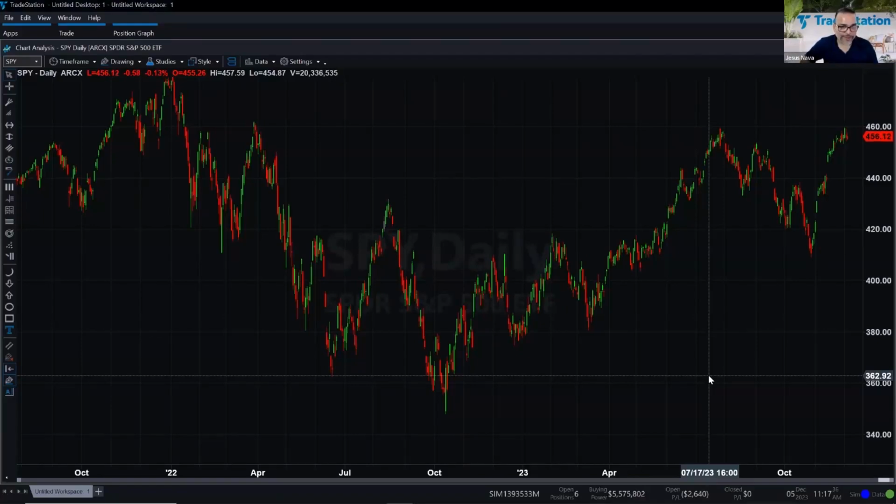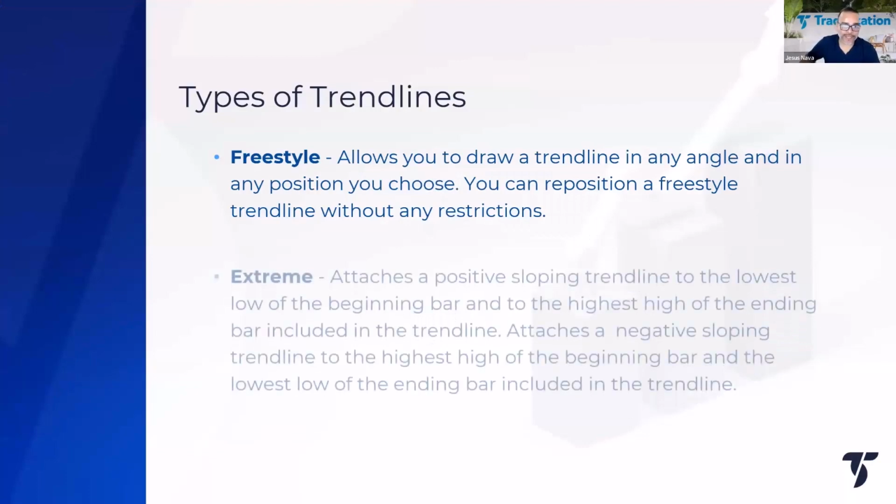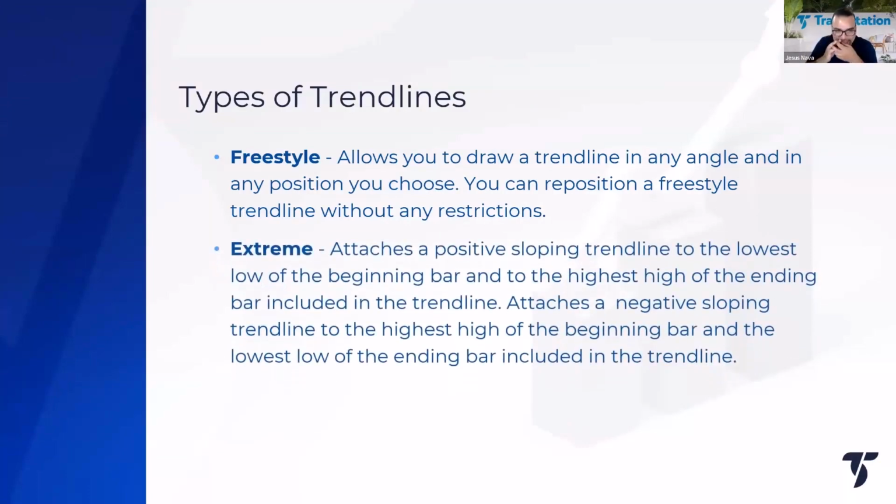So at any moment, if you want to clear your chart of any drawing tools that you've placed there, feel free to do so. Let me go back to my PowerPoint because the next type of trend line is an extreme trend line. And this is interesting because this looks at the way that you're drawing the trend line, whether it is an uptrending trend line or a downtrending trend line. And depending on the slope of that trend line, it'll choose the high or the low.